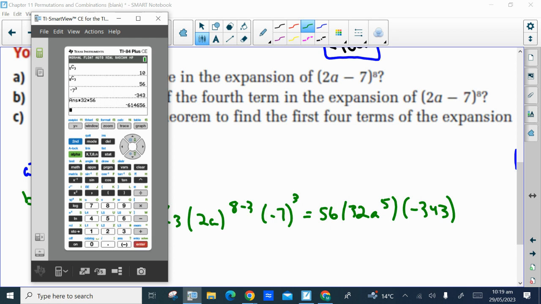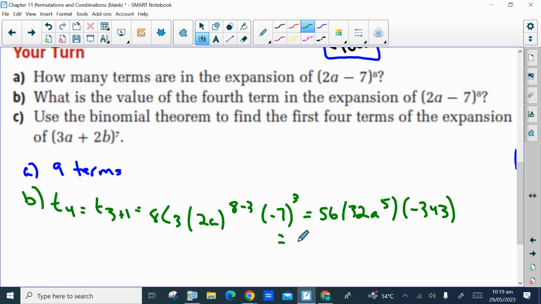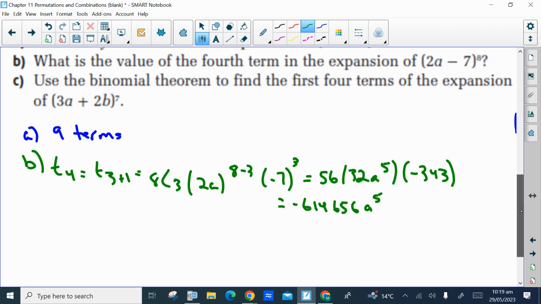Our coefficient is negative 614,656 a to the 5th. So there's the value of the fourth term in that expansion. That is definitely quicker than doing all the expansion and then counting your fourth term.